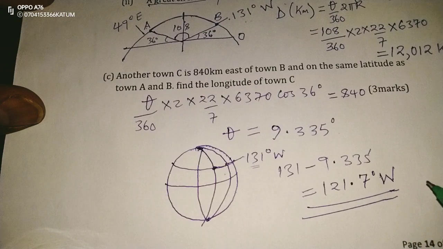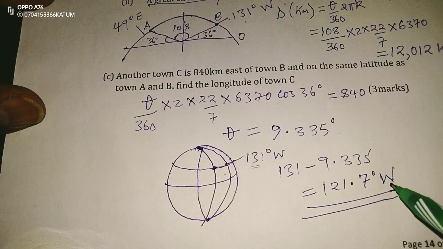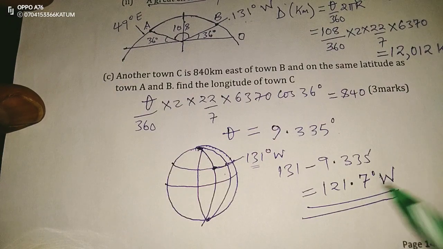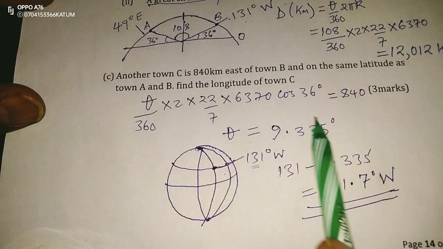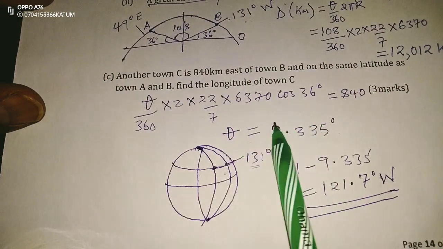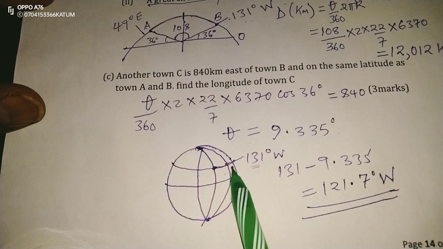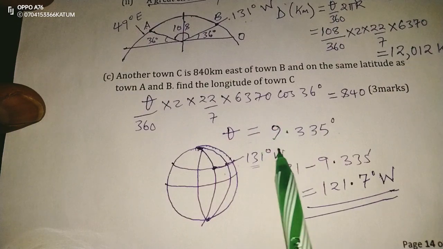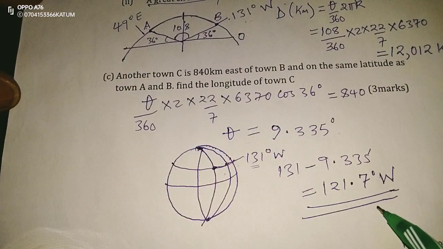That is going to be the longitude of town C. If we were to find this change in theta, because they are on the same side, 131 minus 121.7 would have taken us to 9.3. So that is how we get the longitude of town C.